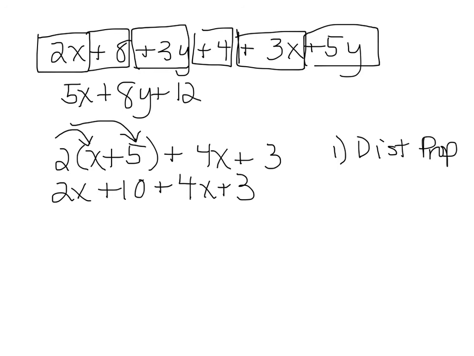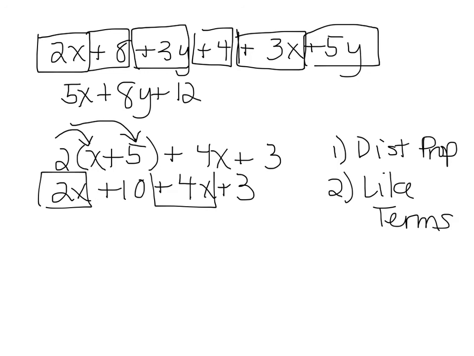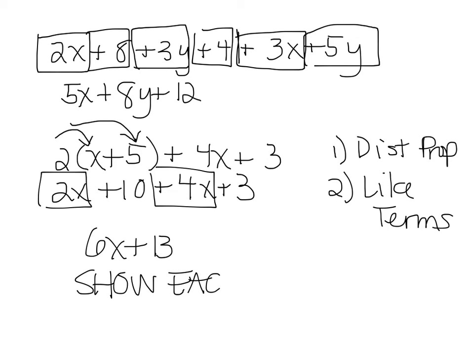On my second step, I combine the like terms. And as you can see, there's 2x and 4x, which gives me 6x plus 13. In order to do this properly, you must show each step separately.